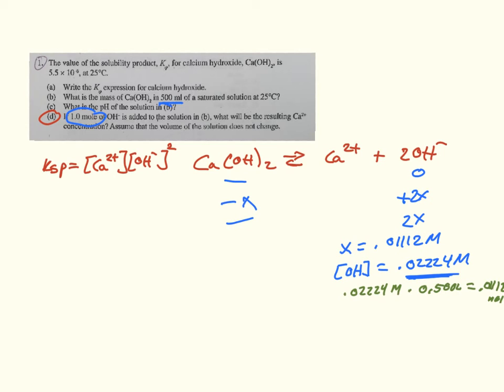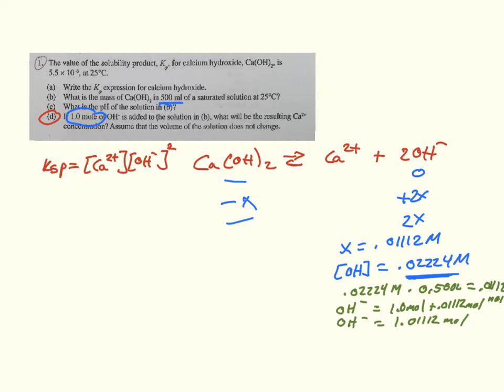Now my total moles of hydroxide is going to be 1 mole plus 0.01112 moles. So the total number of moles at that moment is 1.01112. So we're adding a lot of hydroxide to it.